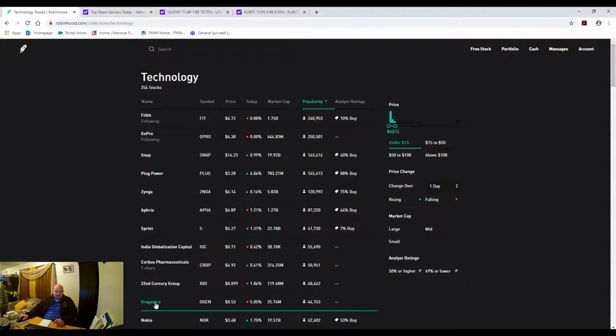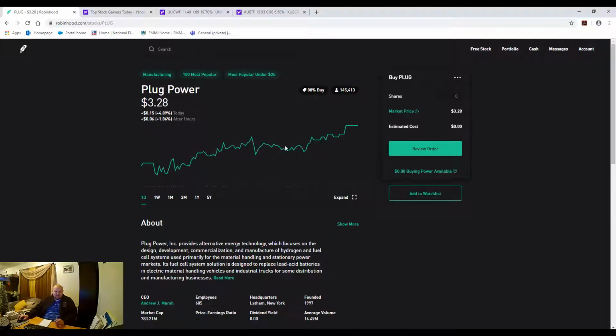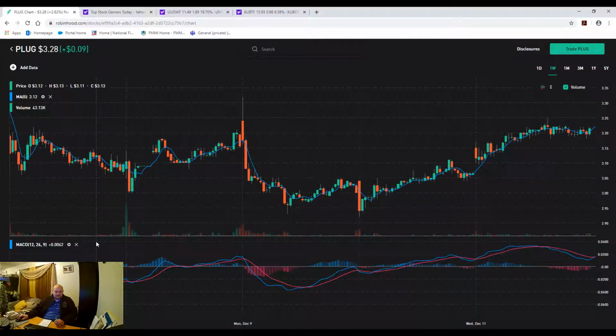So Plug Power, they're saying it's worth buying the stock. Look at the 1 week. It's got a good amount of movement, some higher and lower volumes. Crossed into that buy and sell. The graphs look good, and I look forward to bringing you another video on how to read them with descriptions.